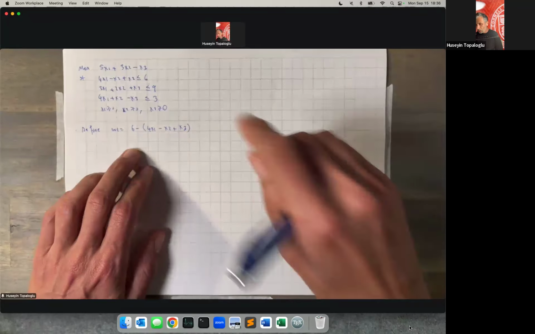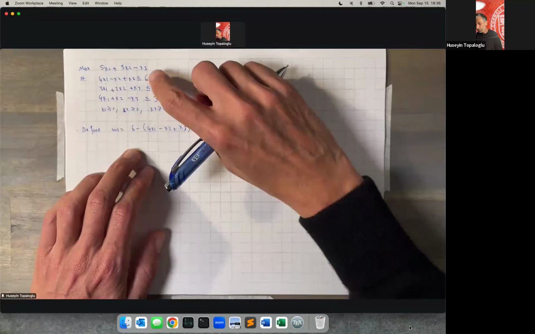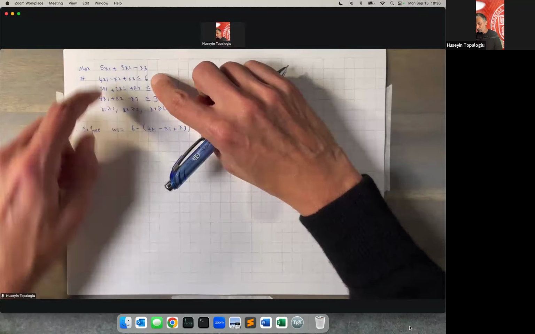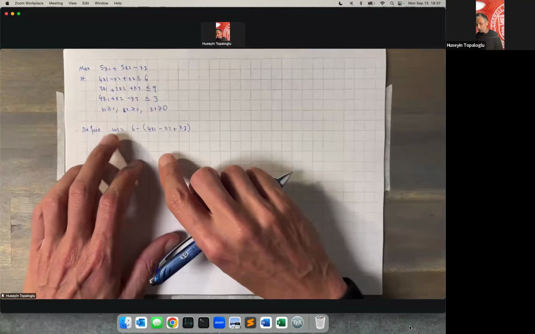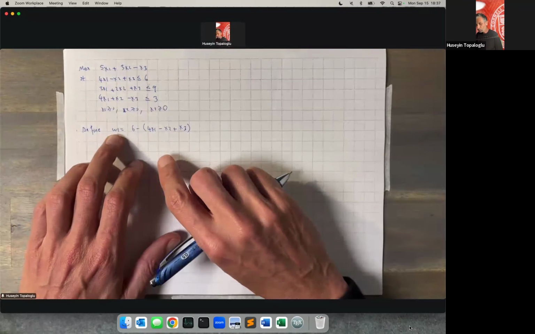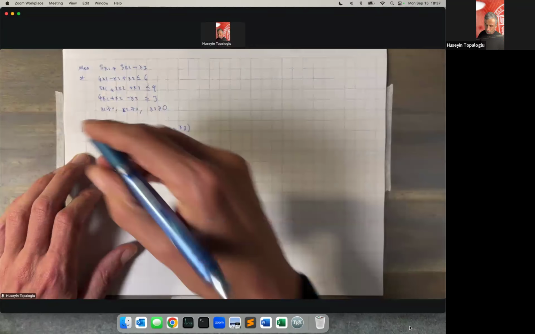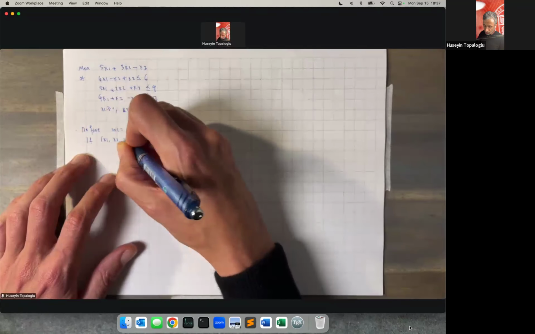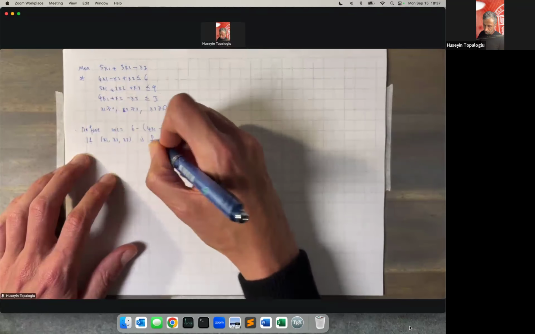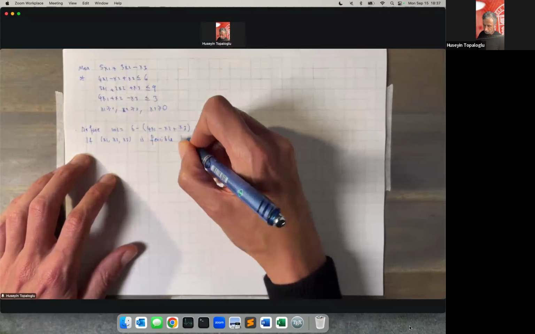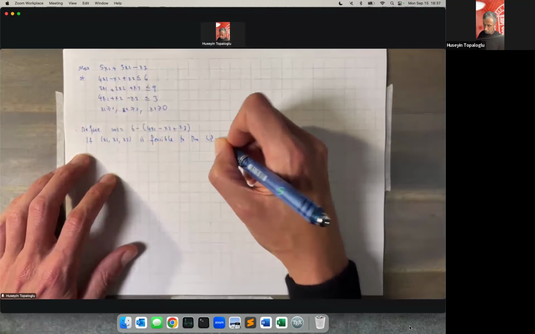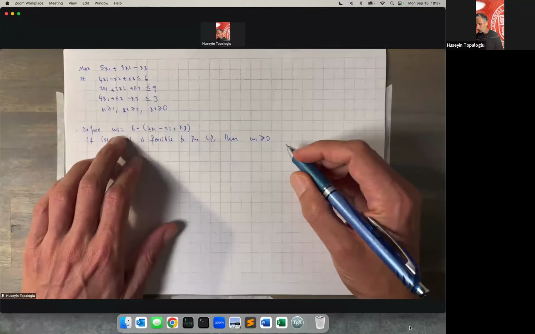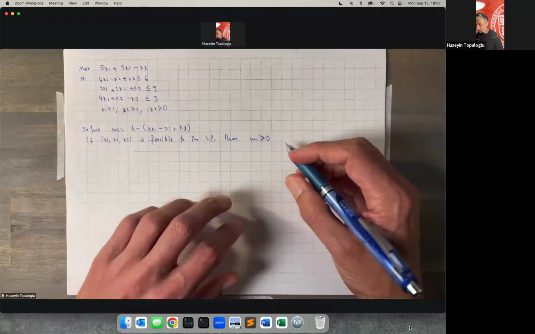If I have a feasible solution to my linear program, then the right-hand side of the first constraint has to be greater than or equal to the left-hand side. So if x1, x2, x3 is feasible to the LP, then W1 has to be greater than or equal to 0. This number has to be greater than or equal to this number.